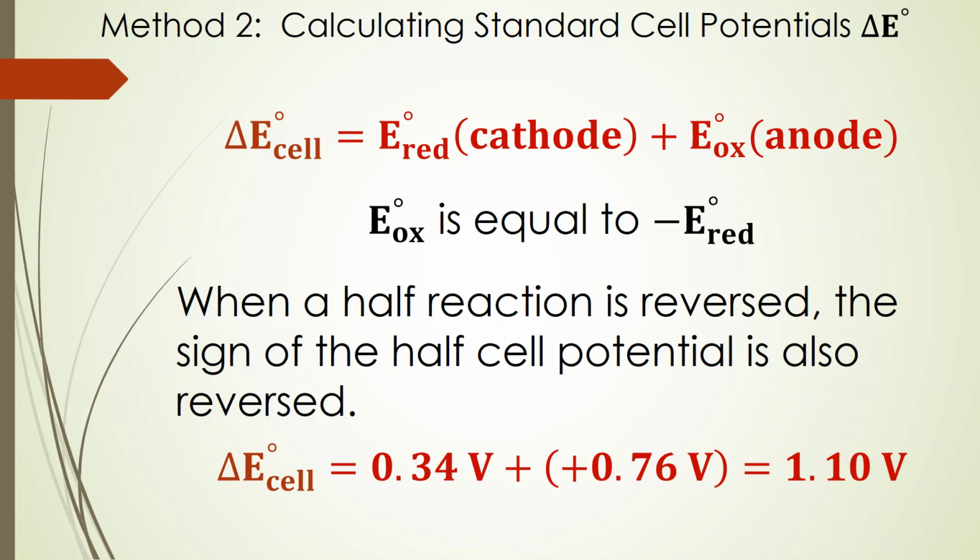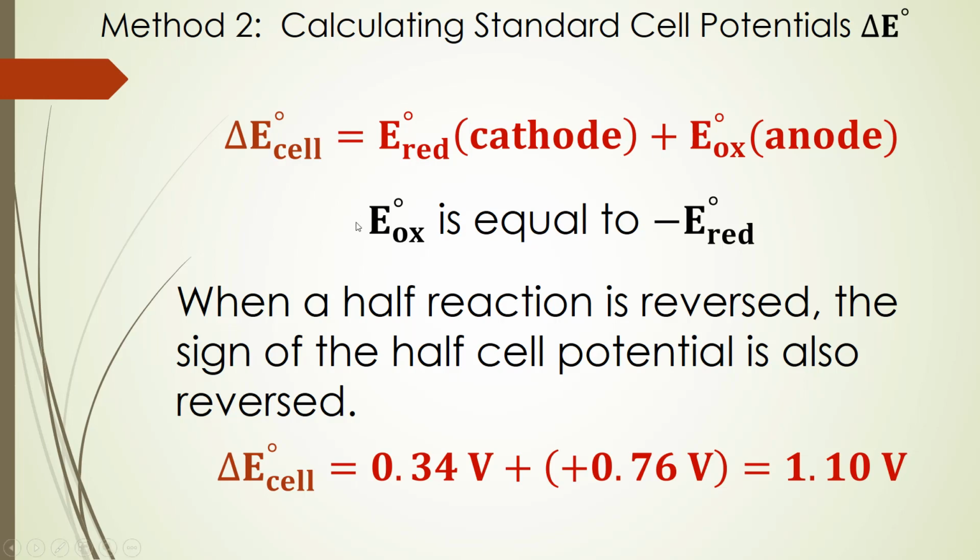So the second method you could use is calculating the cell potential by using the reduction potential for the cathode and the oxidation potential for the anode. And you might be thinking, oh no, I didn't see oxidation potentials anywhere. And actually you didn't. But if you reverse the reaction, like we have to do at the anode, and we have an oxidation reaction instead of a reduction reaction, we also reverse that potential.